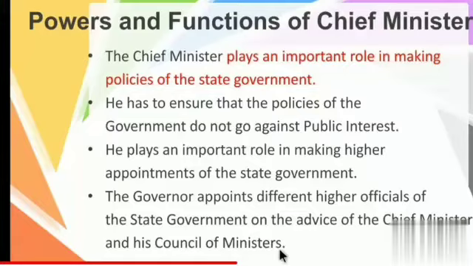The governor appoints different higher officials of the state government on the advice of the chief minister and his council of ministers. Every posting is made after consulting the chief minister.